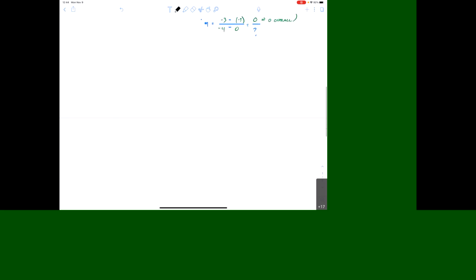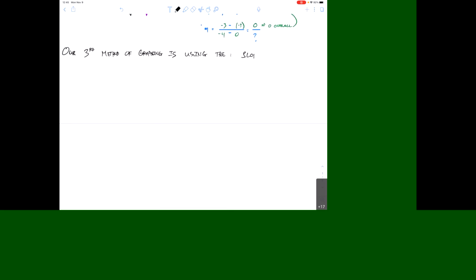So our third way to graph, or our third method, I should say, is using the slope-intercept formula. And then we can define it as well.